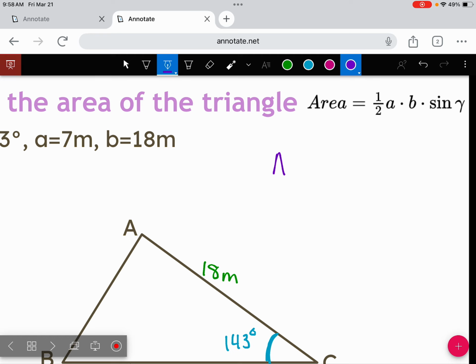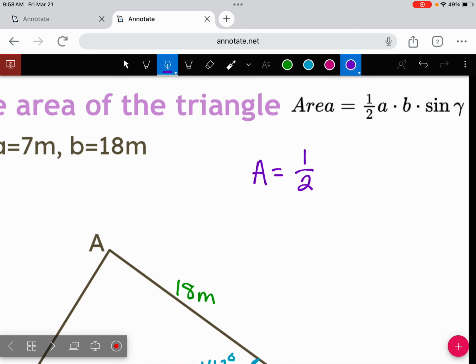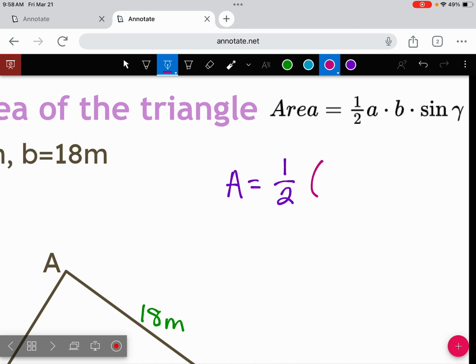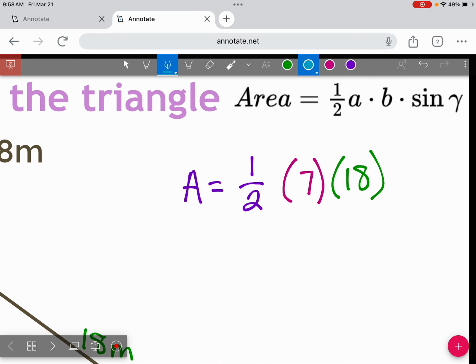So our area is 1/2 times each of these sides. Oh, sorry, I didn't have these the same color. So we're going to have our 7, our 18, and our sine of gamma.